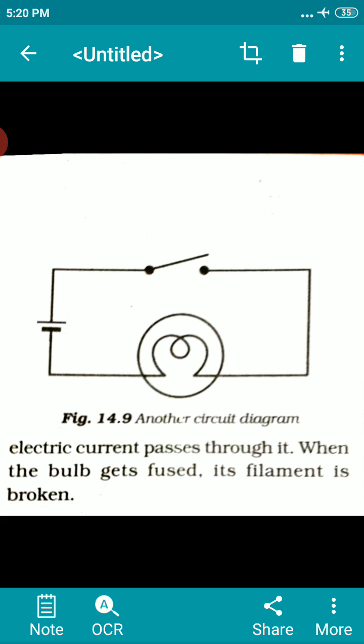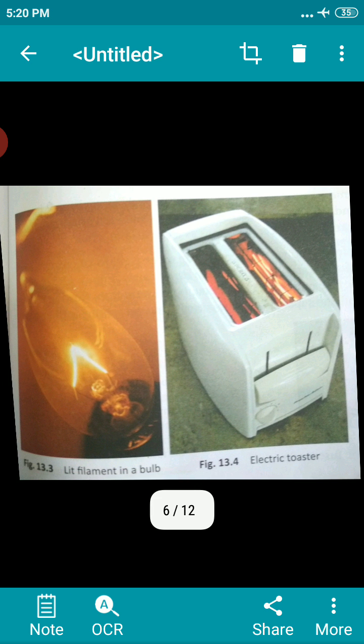When you touch the bulb in on position, you feel hot. So here the wire gets hot when an electric current passes through it. This is the heating effect of the electric current.